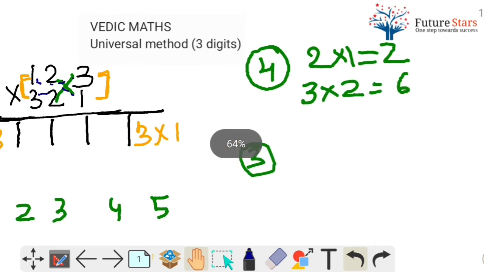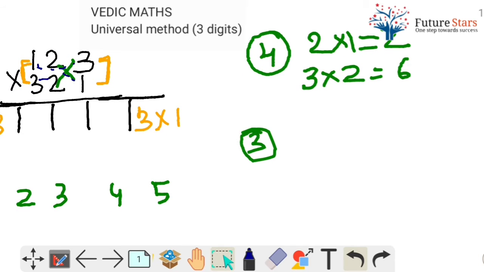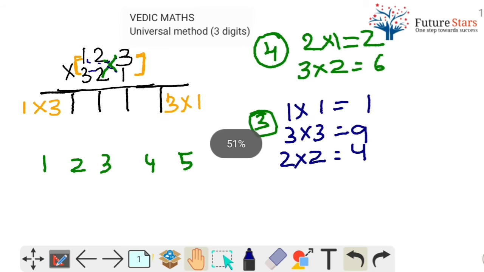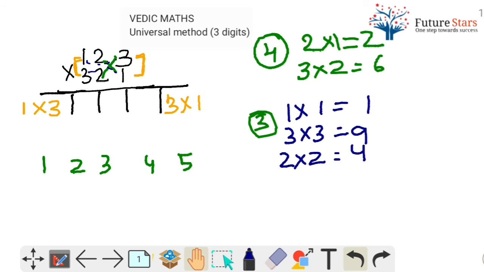Let me write it down as well. 1 into 1 and 3 into 3, it's 9. And the last multiplication is between 2 into 2, so 2 into 2, that is 4. Fine. You have to do cross multiplication between the first and last number, and between the middle numbers.